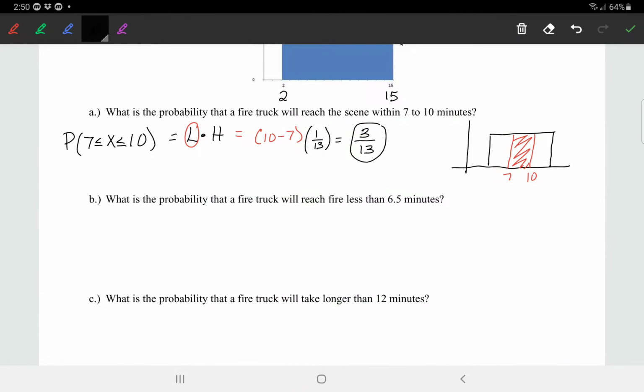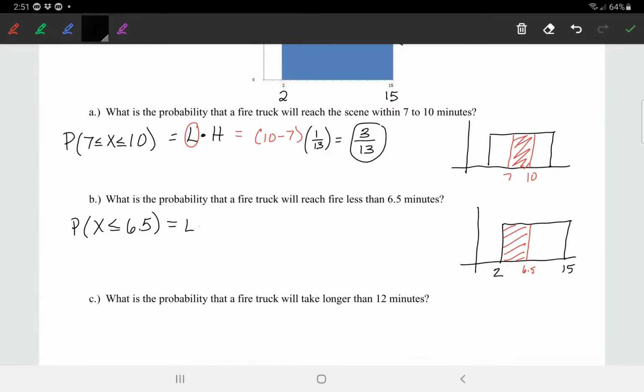We could ask about the probability that the fire truck will reach the fire in less than 6.5 minutes. So again, here's our distribution, starts at 2, goes to 15. Here's 6.5 minutes. And if you're arriving less than that, we are looking at this area. So the probability that x will be less than 6.5 minutes is the same as the probability of being less than or equal to 6.5 minutes.